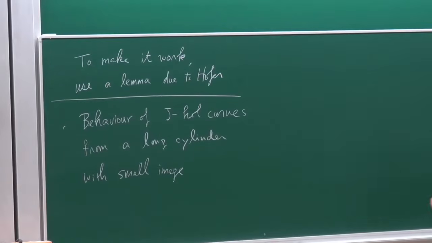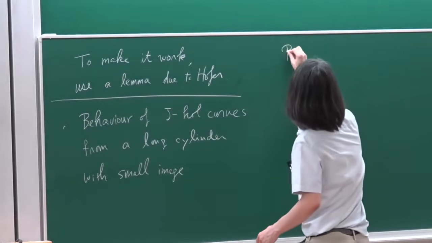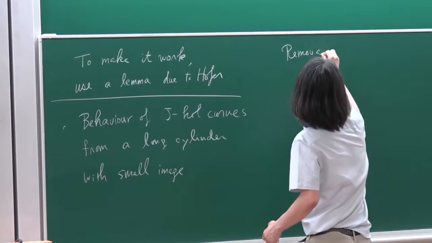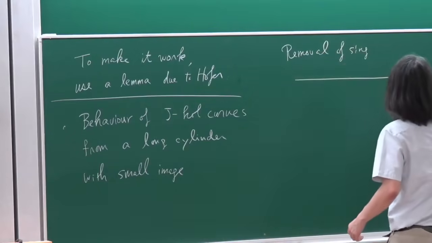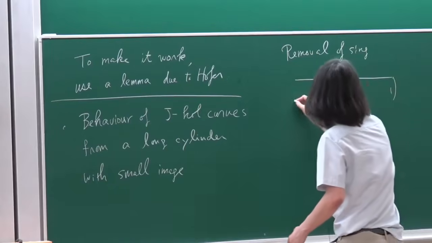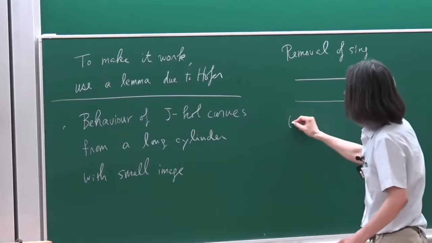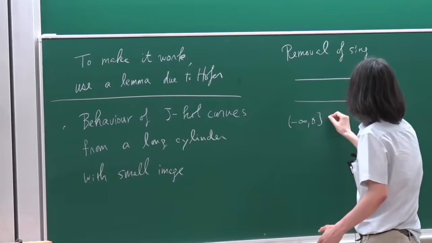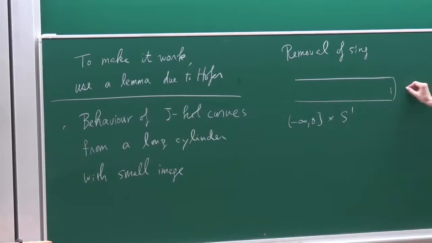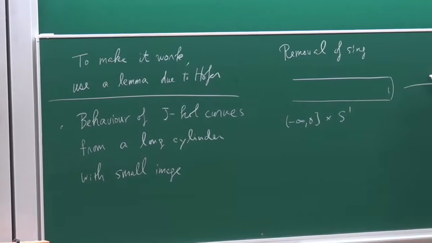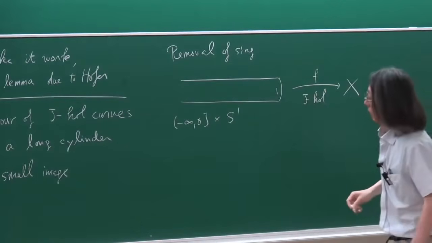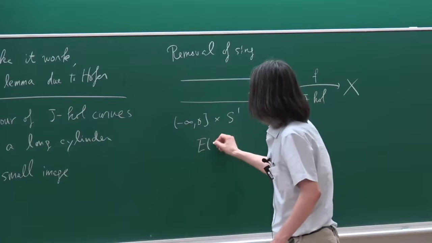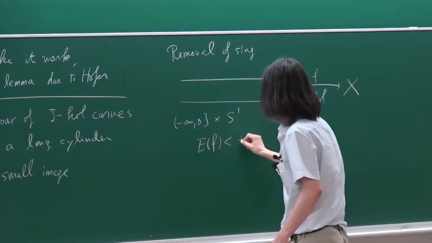What does it mean? Last time for removal of singularity, what I said is that you have, say, a half cylinder like this, minus infinity to 0 cross S1, and then map to X. Here is a map F, the holomorphic map. And let's suppose that the energy is finite.